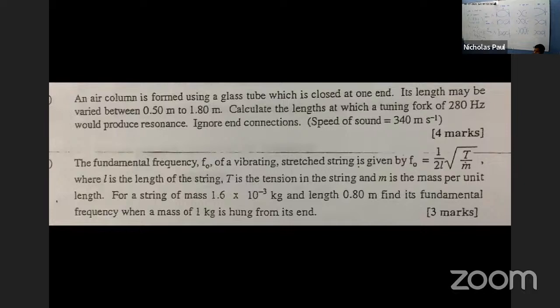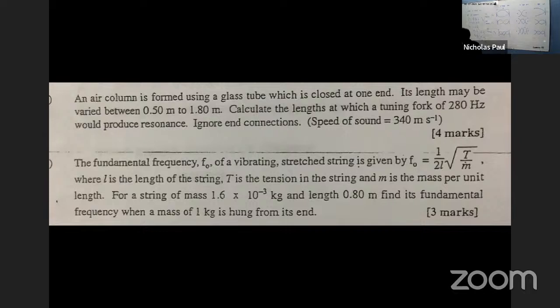All right, take a little read again. Let's take a look at this one here. An air column is formed using a glass tube, which is closed at one end. So one end closed, one end open.